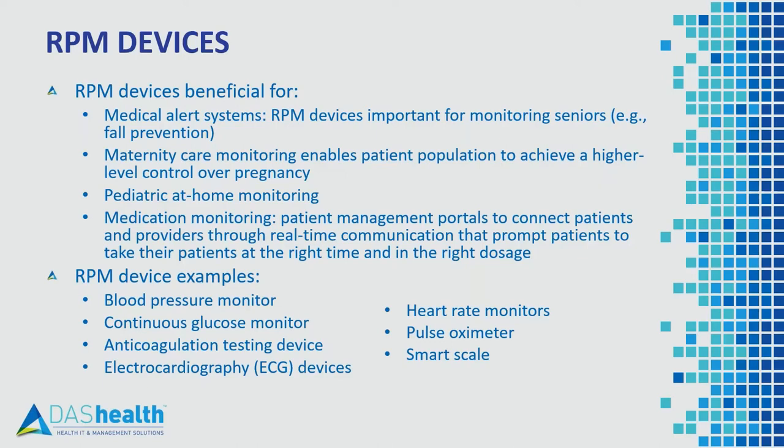Commercial payers are covering remote patient monitoring to make monitoring the health of a patient easier and more convenient for the practice and for the patient. We went through some of the RPM device examples that Lindsay touched on: blood pressure, glucose monitoring, ECG, heart rate monitors, smart scales. Scales can be utilized for multiple different reasons. As long as these devices are FDA approved, we are able to utilize them for monitoring your patients.